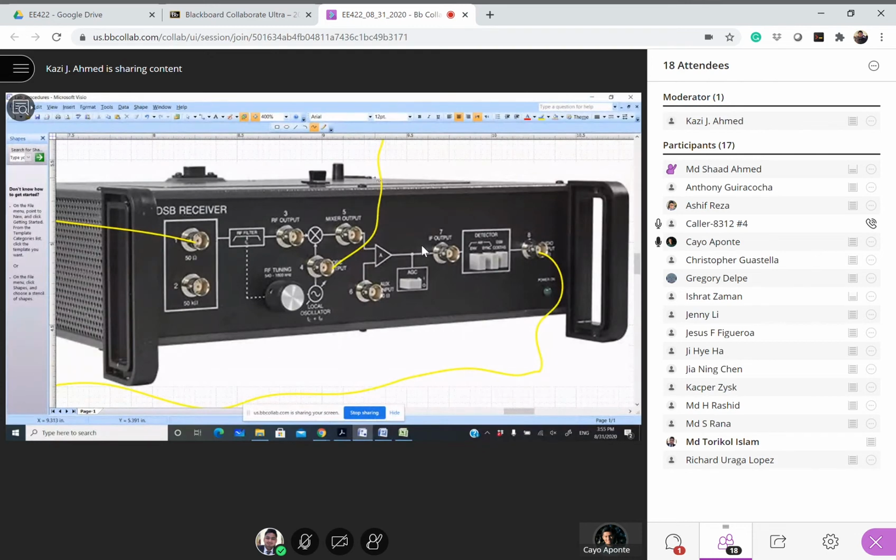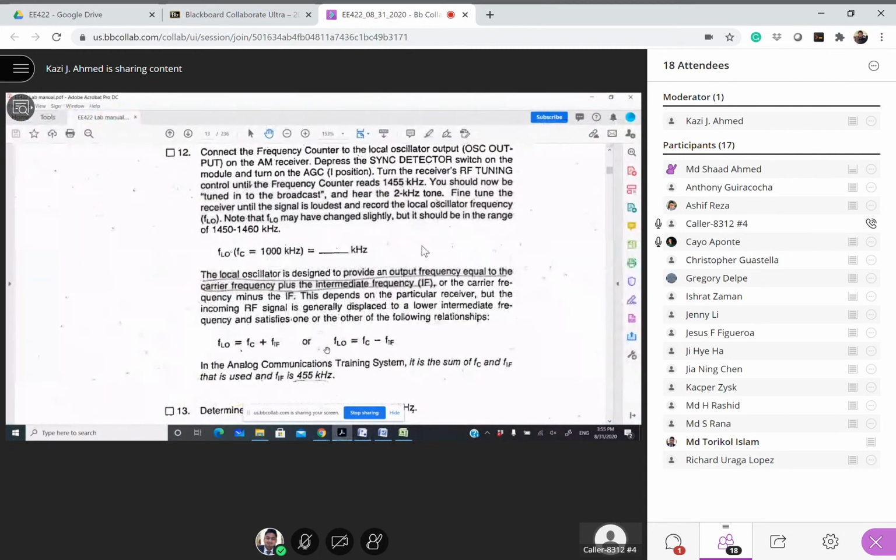So what I think is going to happen is that whatever we assign to the intermediate frequency determines the value of the local oscillator, because it's added to the carrier frequency. Here the intermediate frequency is fixed.